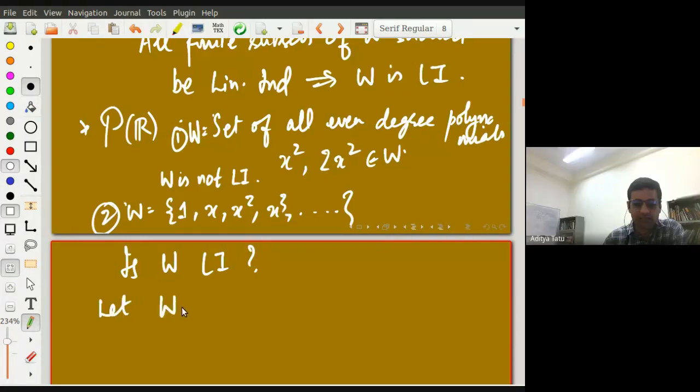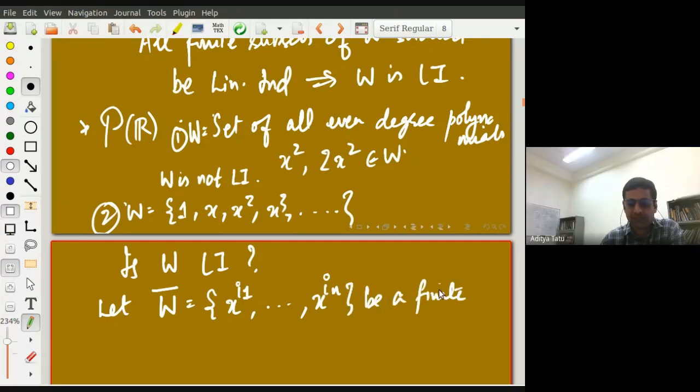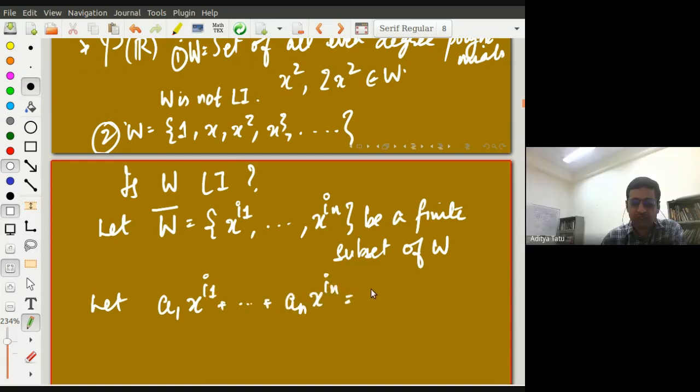Okay, so let's say W bar is this subset x^i1 to x^iN, where i1 to iN belong to the integers, a finite subset of W. And if we assume that a1 x^i1 plus a2 x^i2 and so on up to aN x^iN is equal to 0. Yes, 0 is the zero polynomial.